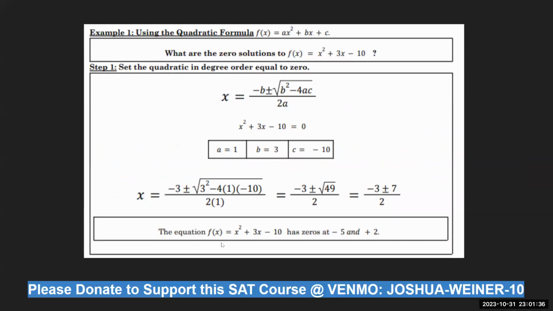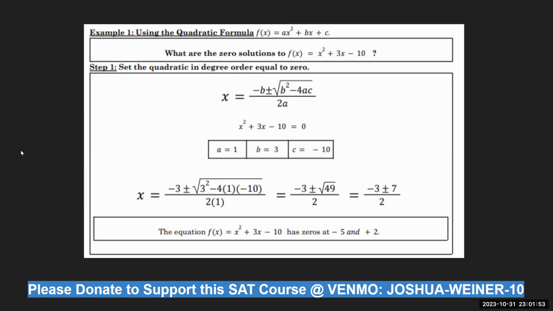Here's example 1 using the quadratic formula. What are the zero solutions to f of x equals x squared plus 3x minus 10?